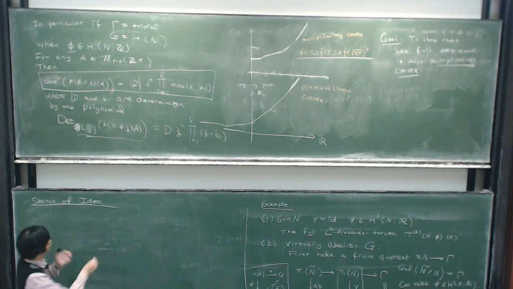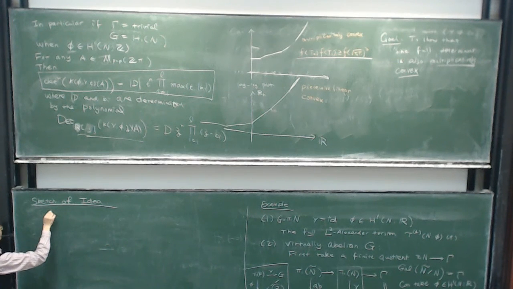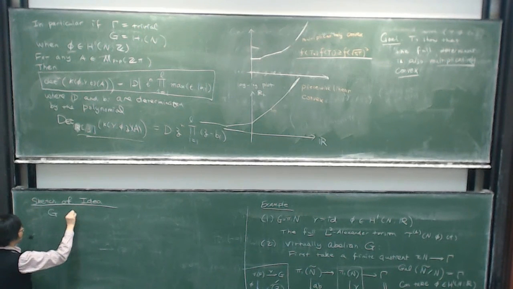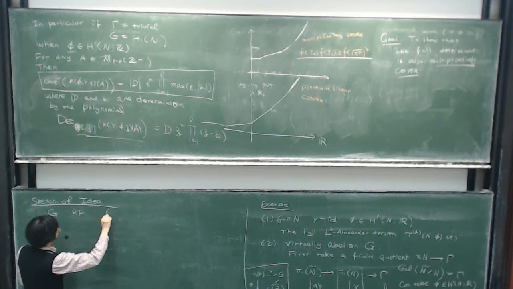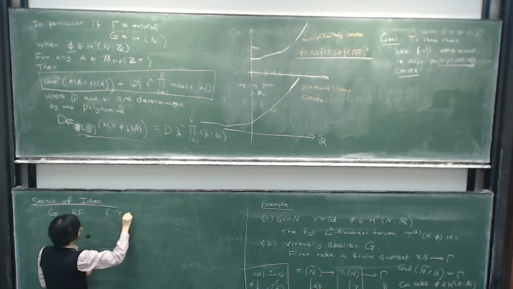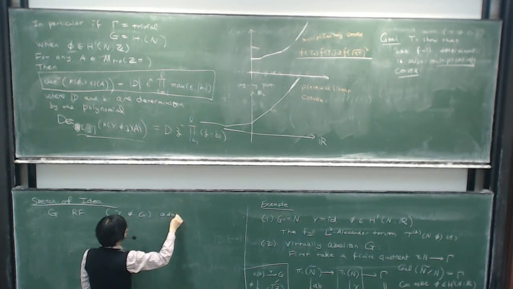So in our setting, we want G to be any residually finite group, so that we can approach it by finite quotients, and then gamma, phi, G to be an admissible triple.